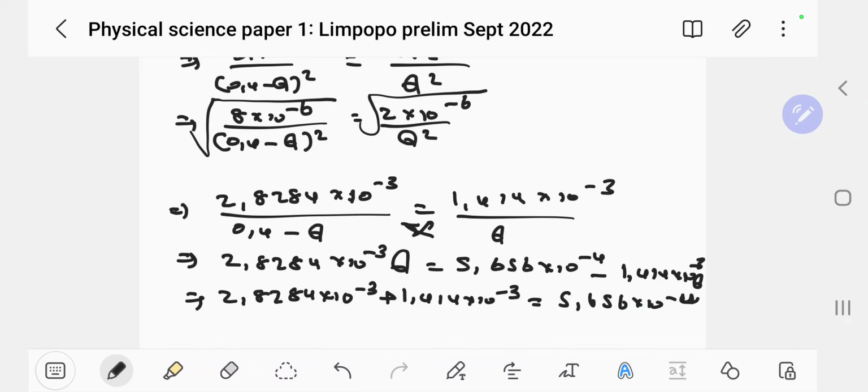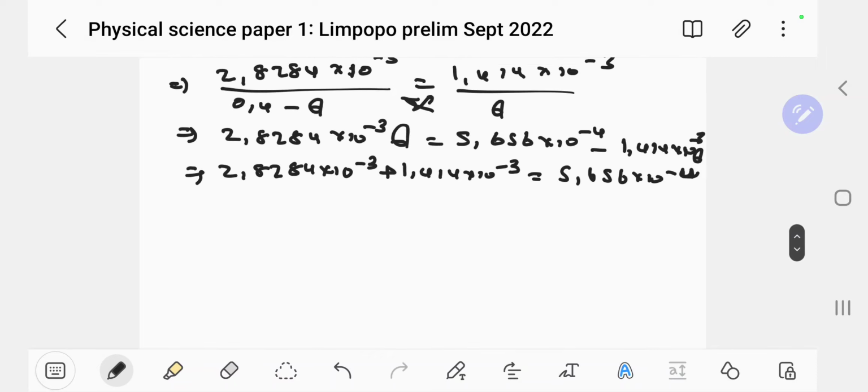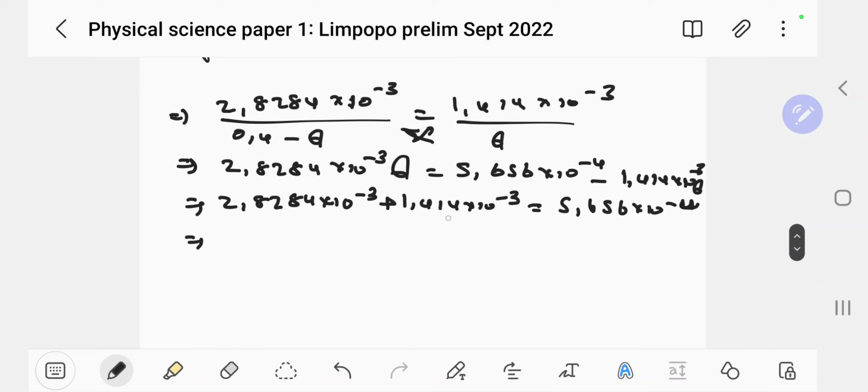All right. Now d is the common factor, so I'm going to move quick now and isolate it.